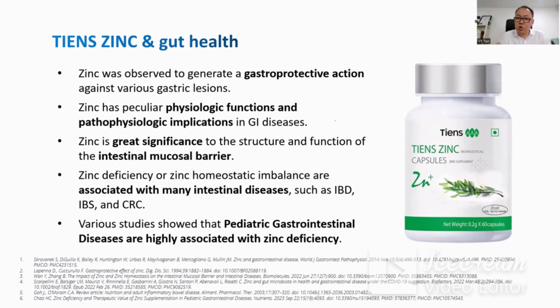Many studies already show that gastrointestinal diseases in children are highly associated with zinc deficiencies. So zinc deficiency is not only happening in adults. Many kids are also having zinc deficiencies.